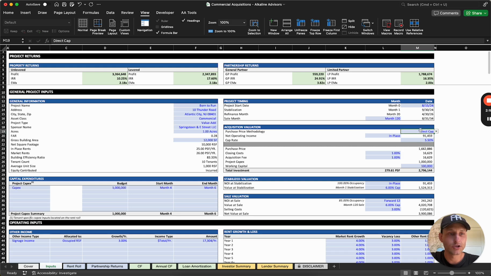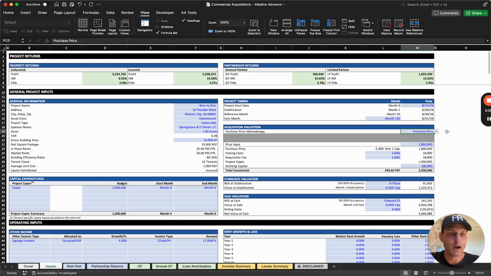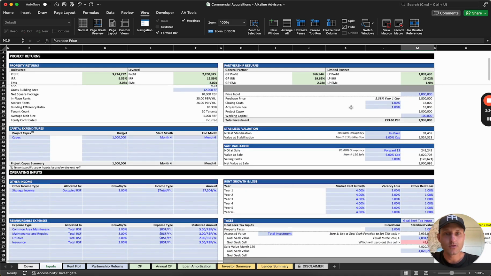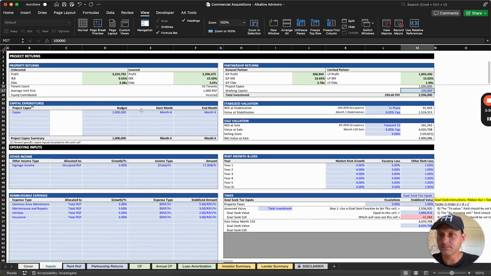We can then choose, instead of direct cap, if we want to buy with a straight purchase price or a purchase price per square foot. Then you can add closing costs, other fees, and then a working capital bucket. Then we'll have the capital expenditure section.